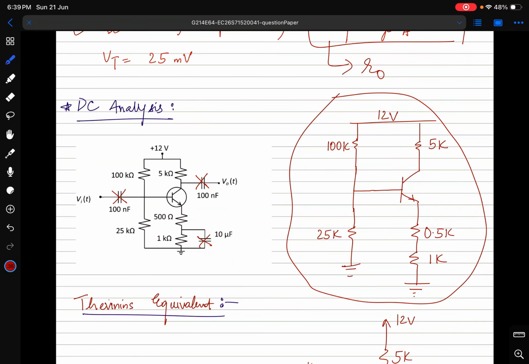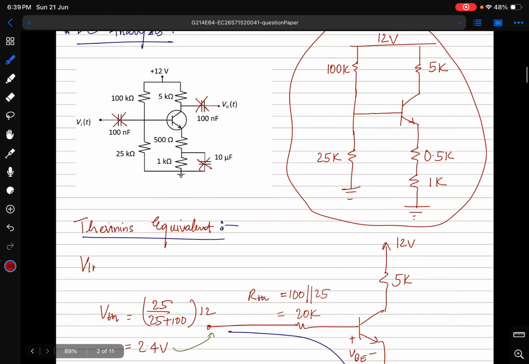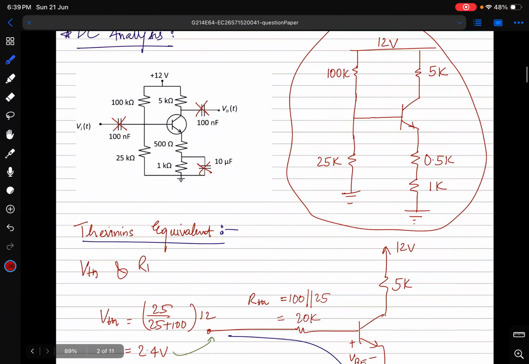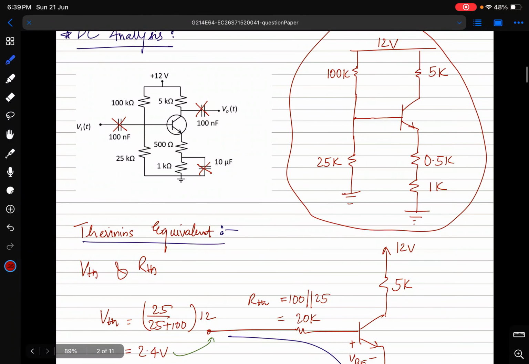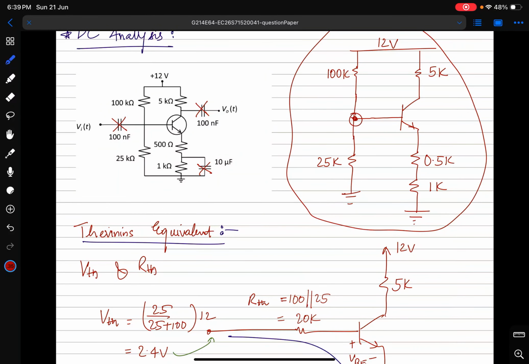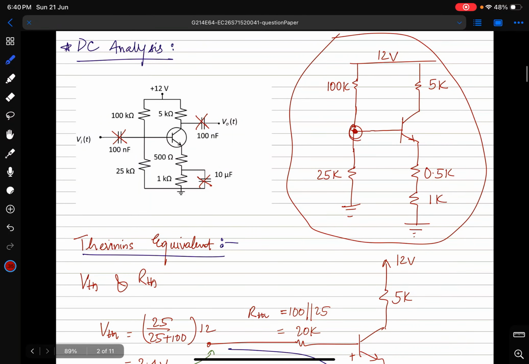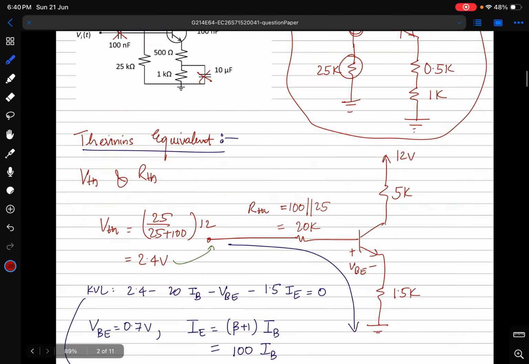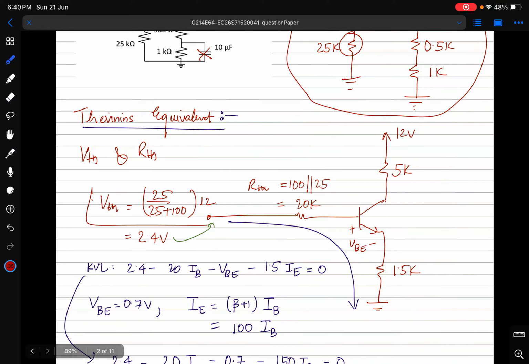First we have to apply the Thevenin's equivalent, which means we have to find the Thevenin's voltage VTH and resistance RTH at this particular node. At this node, the Thevenin's voltage will be the voltage division of this resistance and this resistance. So VTH equals 25 by 25 plus 100 into 12, which comes out to be 2.4 volts.